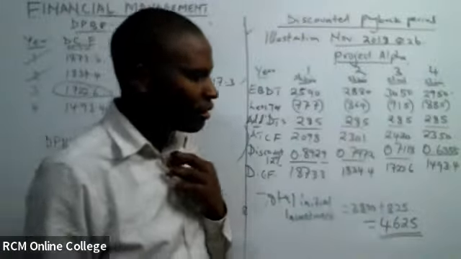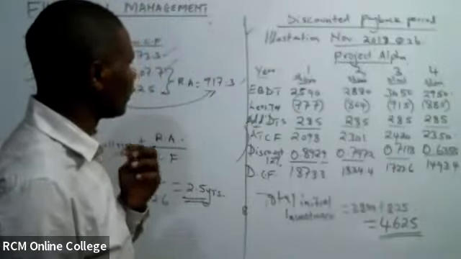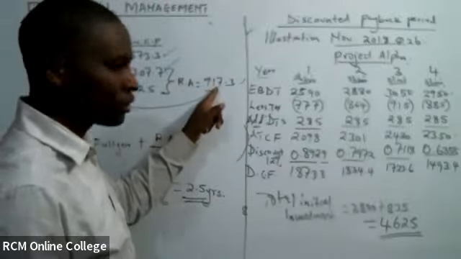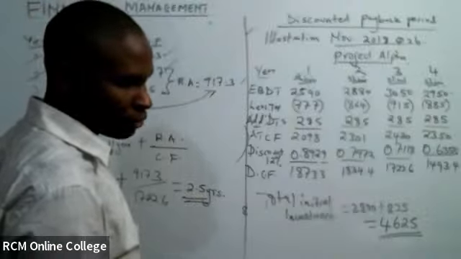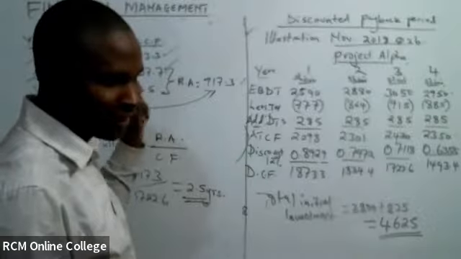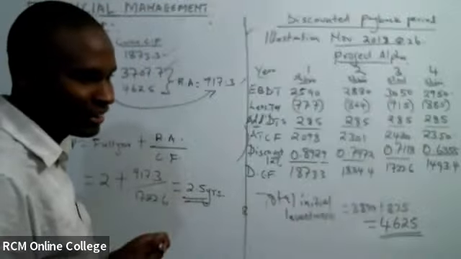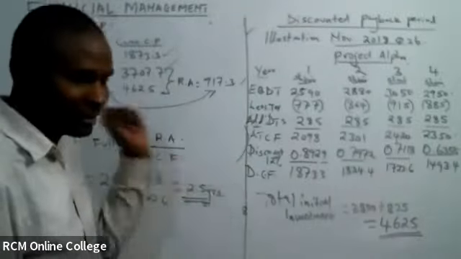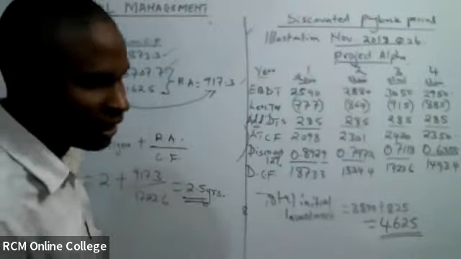Grace, I know maybe what you've not done is looking at your initial outlay. The remaining amount, you are not using that. Finally, 3.9, yeah, you struggle until you get it. Even in the exam, keep going until the end.